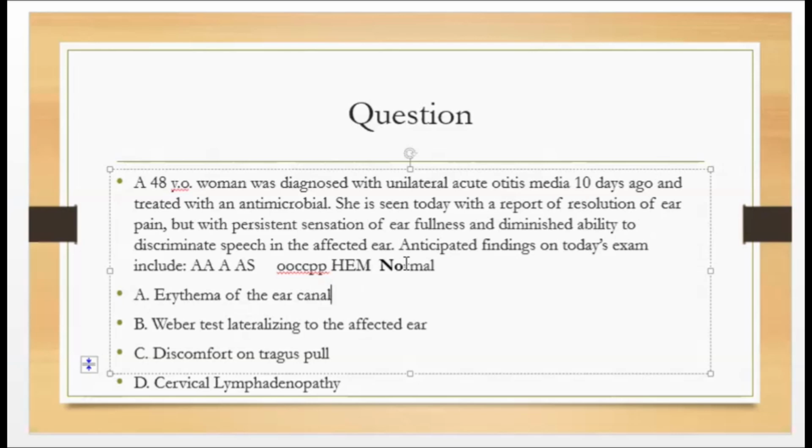When it's normal, there's no lateralization. But when it's abnormal, it's going to lateralize to the affected ear. So if it's the left ear that has the impacted cerumen or whatever, it's going to go to that ear.